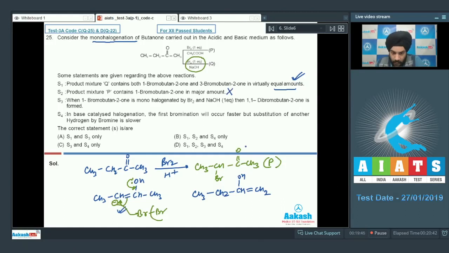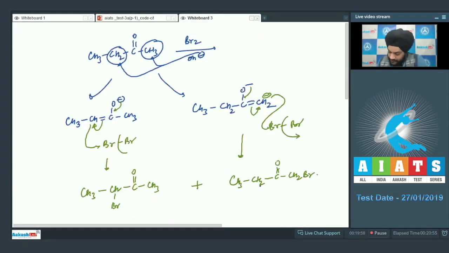Let us look at statement 3 now. When 1-bromobutan-2-one is monohalogenated by Br2 in the basic medium, then 1,1-dibromobutan-2-one is formed. So if you look at the product which is mentioned to us, the examiner seems to be interested in 1-bromobutan-2-one, and he is interested in the further monohalogenation of the structure. Now, if we talk about the halogenation in the basic medium, the OH minus again has two options.